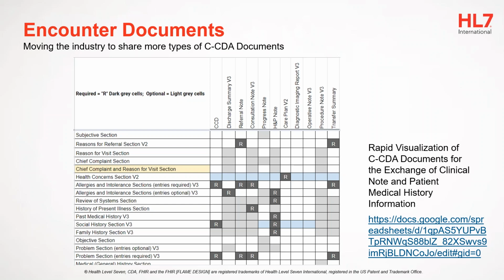That SOAP note sort of structure is at the foundation of how the original sections were developed for consolidated CDA. And we usually see them in alphabetical order because they're easier to find that way. But sometimes the storytelling power of these documents is better understood when you see the sections organized in more of a SOAP order. So that's how we put this resource together for you.